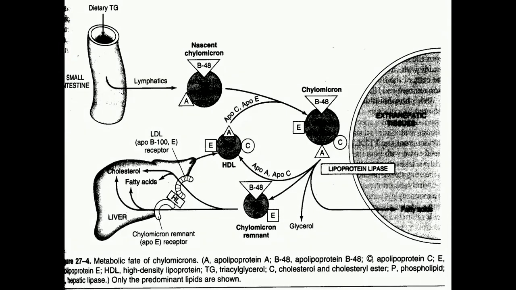The membrane of the HDL disc has lecithin, and carbon number 2 of the lecithin contains one molecule of polyunsaturated fatty acid. It is transferred to the third hydroxyl group of cholesterol to form cholesterol esters.